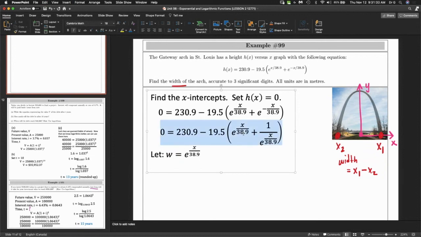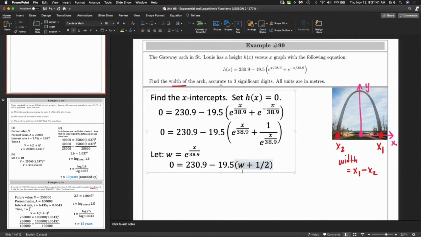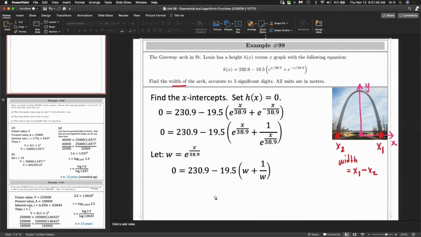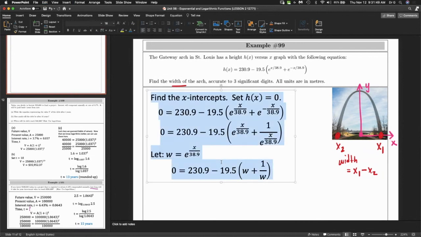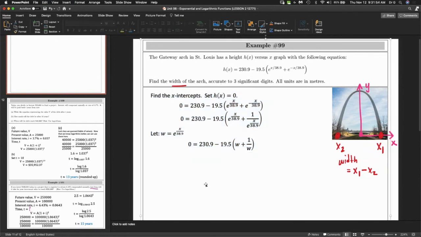Let's see what the equation turns into once you do that step. You get W, and then 1 over W. That looks very promising. So once we solve for W, we will have to go back and get X. But for starters, that's pretty good.